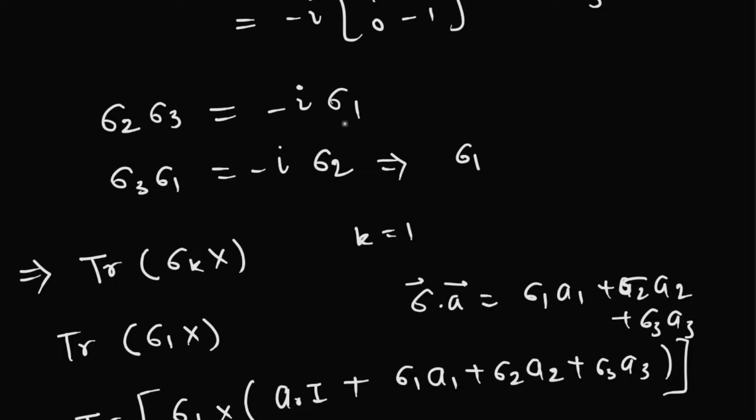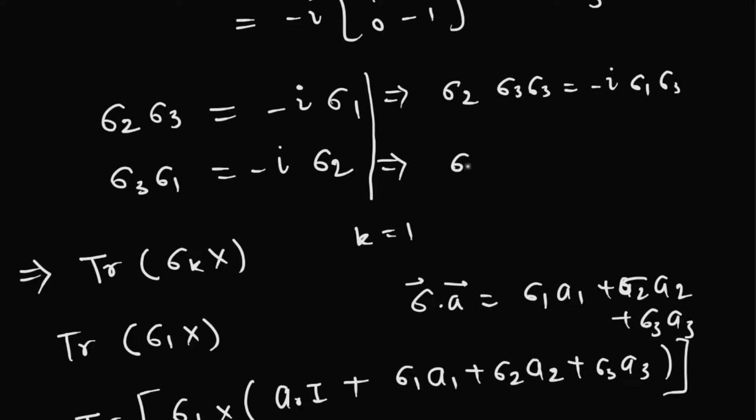If we multiply both sides of this equation by sigma 3, let us check what we get. Sigma 2 sigma 3 equals minus I sigma 1 sigma 3, which is equivalent to sigma 1 sigma 3 equals I sigma 2.